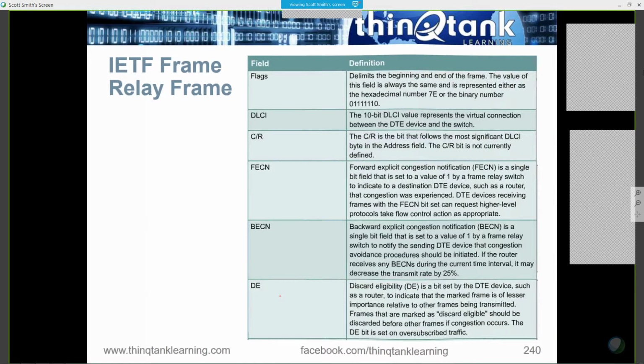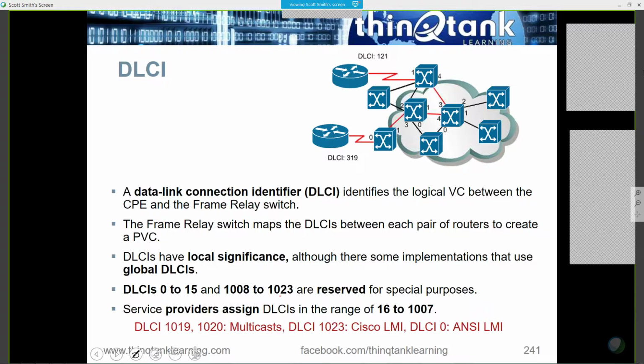A DLCI identifies a logical virtual circuit between the customer premise equipment, which is your router, and the frame relay switch. DLCIs are locally significant. That's important to know for the test, meaning that the DLCIs don't have to match on both sides of the PVC.